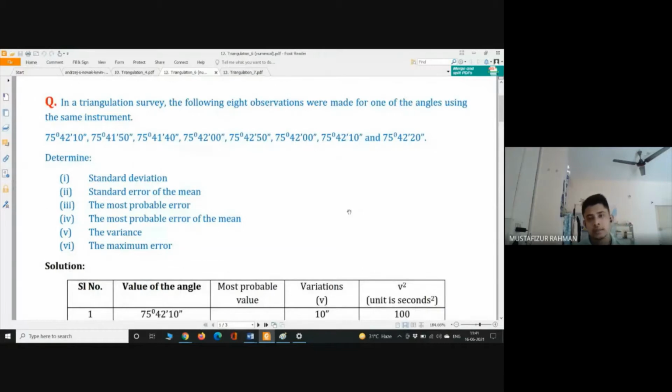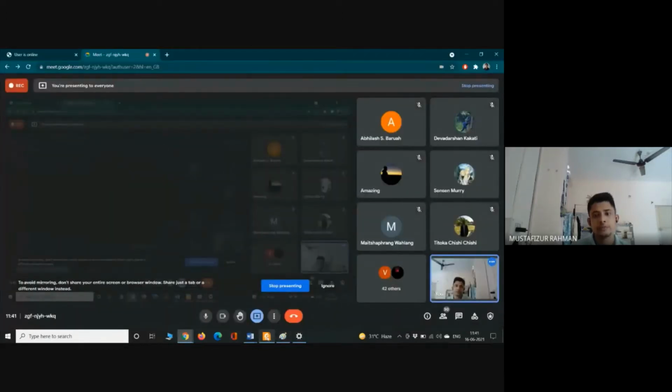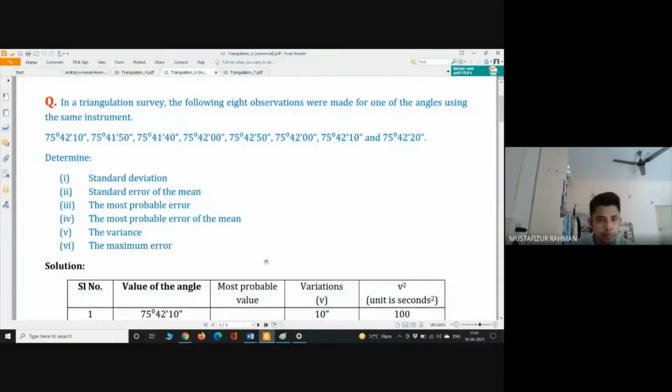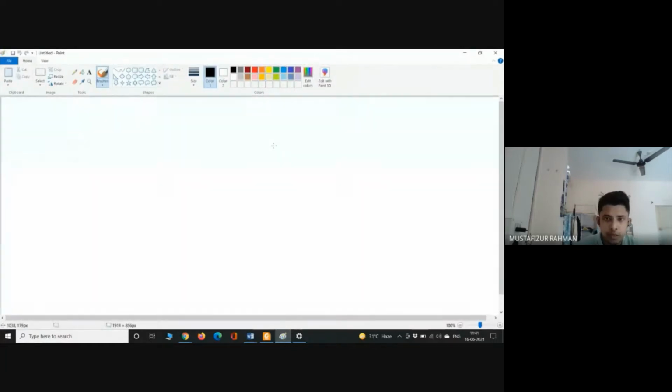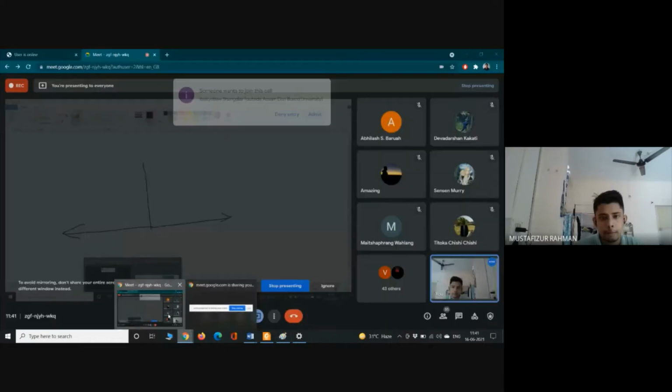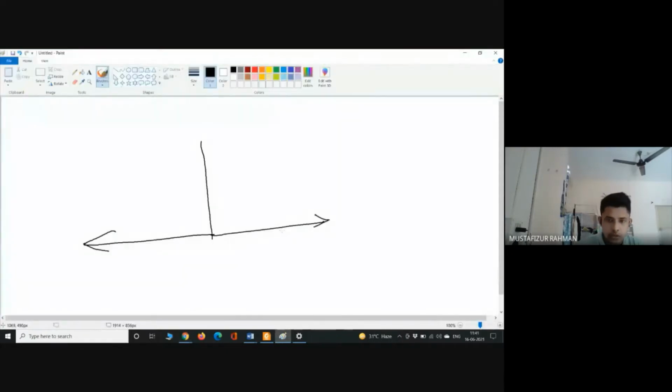Now, this is from a probability distribution. The most probable error, we discussed, corresponds to the 50% error. So the probability that the error will be within this is 50%. That is the most probable error. Remember we discussed a little bit yesterday how the values are distributed.